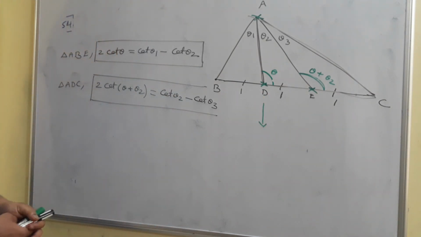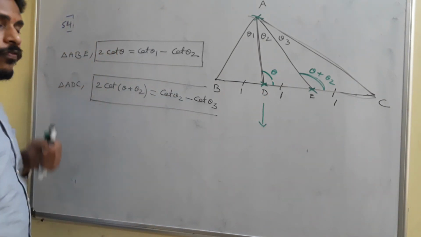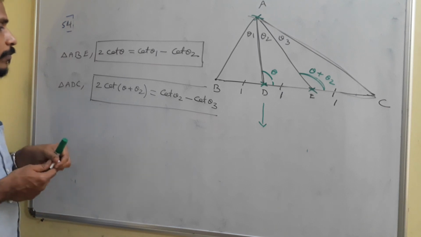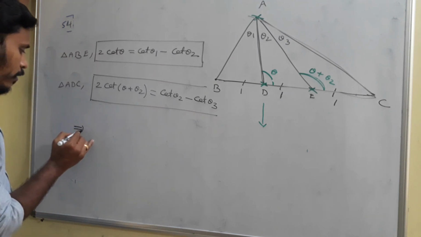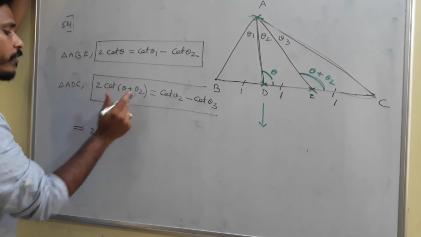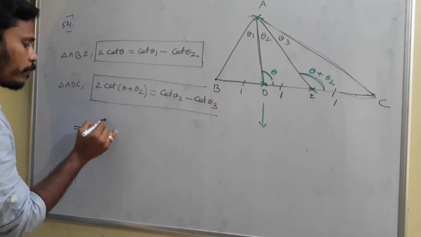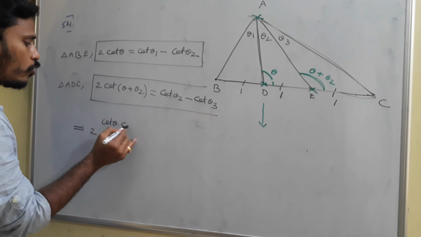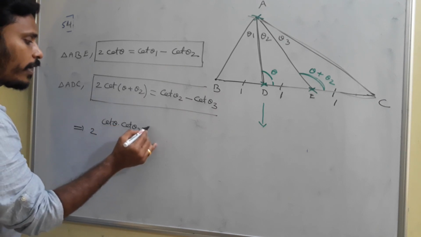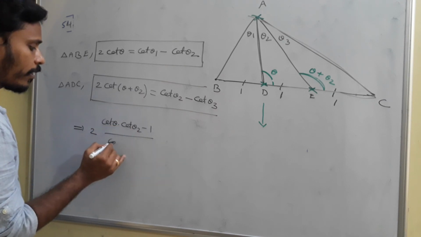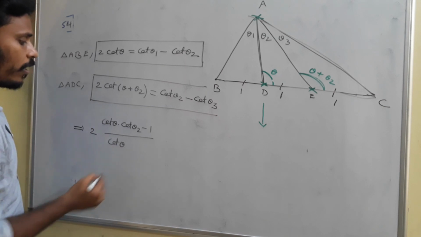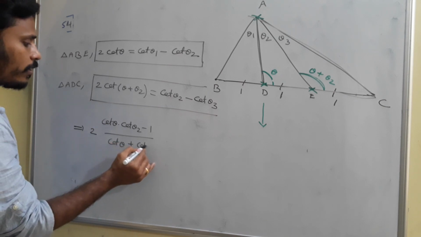Right. And further we need to simplify. Here it is cot of theta plus theta 2. So this implies 2 into cot of theta plus theta 2. What do you know about the cot of A plus B rule? Cot theta into cot theta 2 minus 1 by cot theta plus cot theta 2.